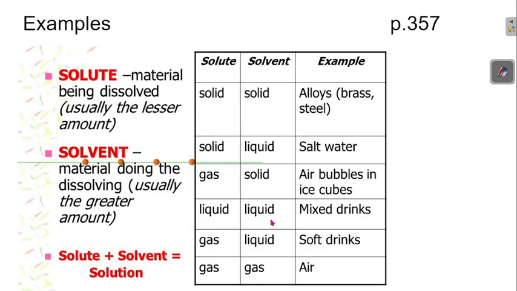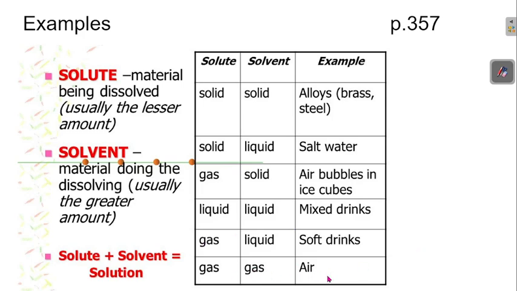I don't know why you would do that, but you can do that. A gas with a liquid. Gas, CO2, you put in a liquid that is a soft drink. You create soda. So sugar water, actually that was a solid in a liquid. And when you have that solution, you can put the gas in, as you see in a minute. The example of lemonade, we'll see in a minute.